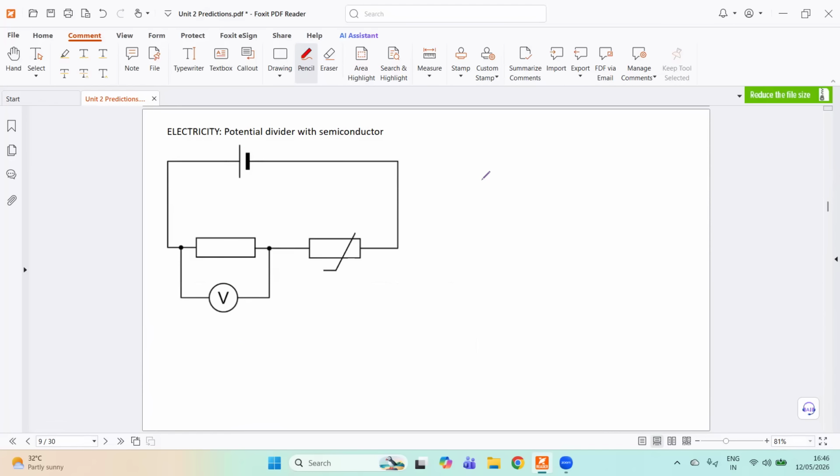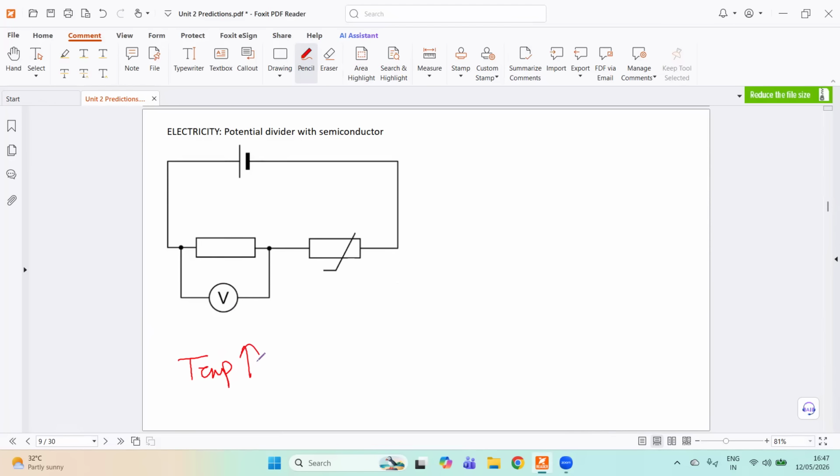Now, it's the same potential divider concept, but this time with a semiconductor. This is also a very commonly asked question. So for this concept, let's say this is a thermistor. The question might ask you, what happens to the voltmeter reading if the temperature of the thermistor increases?